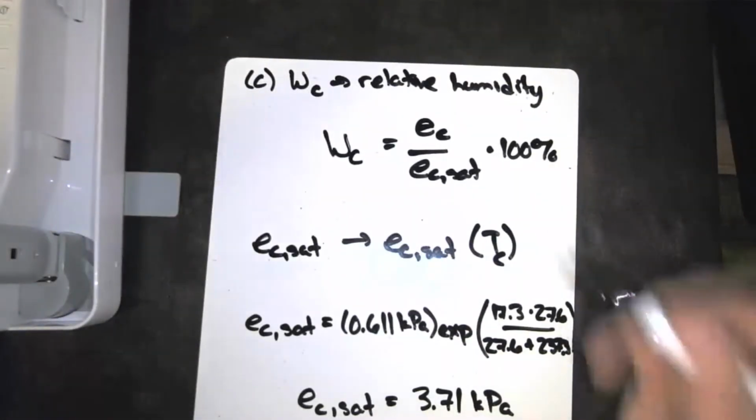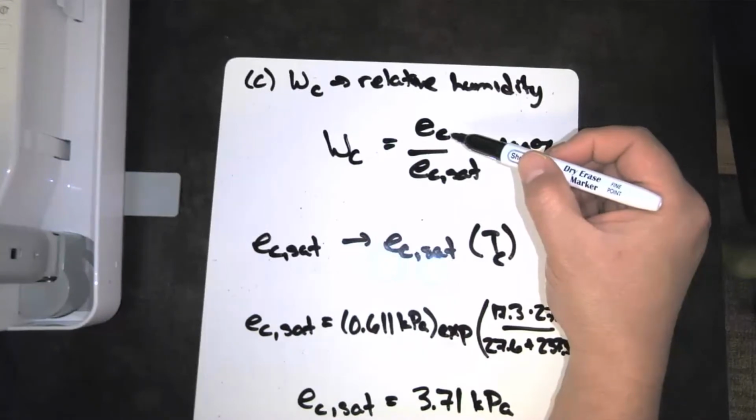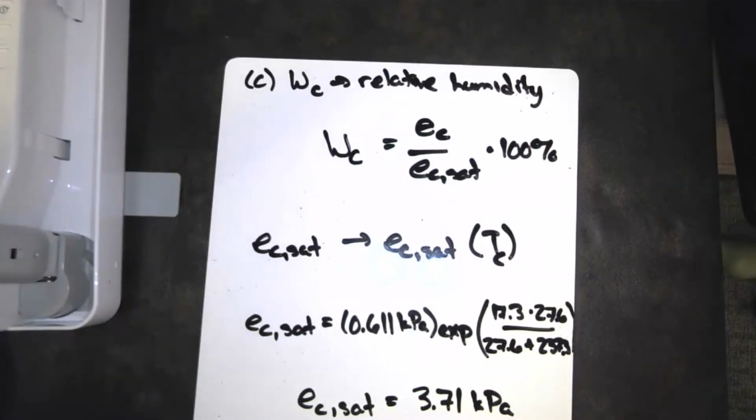Okay, so we also need to determine what the actual vapor pressure is at location C. And this is where we need to apply some reasoning about our parcel.